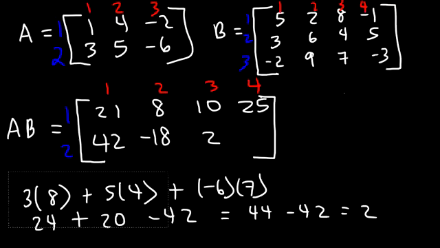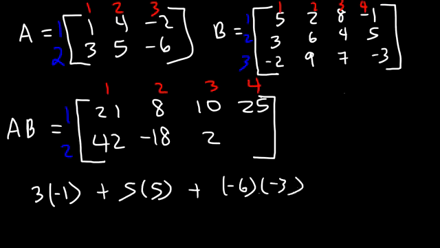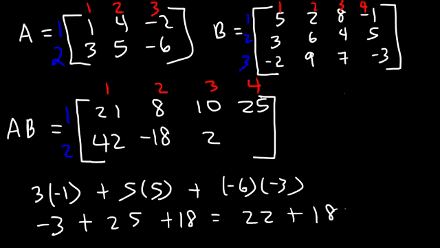Now for the last entry, we're going to multiply row 2 by column 4. So that's going to be 3 times negative 1 plus 5 times 5 plus negative 6 times negative 3. So this is negative 3. 5 times 5 is 25. Negative 6 times negative 3 is 18. Now negative 3 plus 25 is 22. 22 plus 18 is 40.